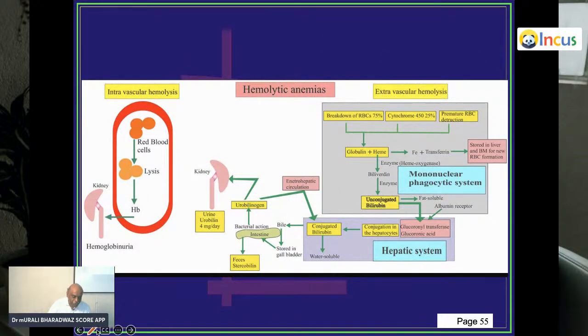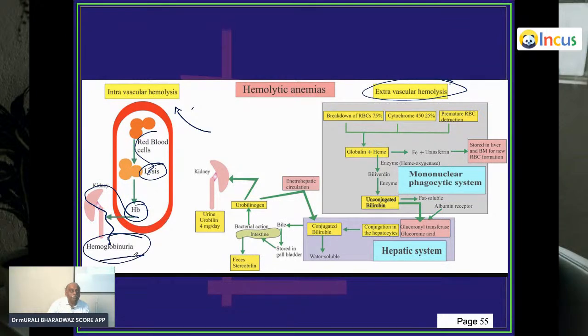So, doctor, have a clear mind picture. In intravascular hemolysis, after the lysis, hemoglobin is released, passes through the kidney, and becomes hemoglobinuria. In extravascular hemolysis, after the breakdown, the globin and heme are separated.